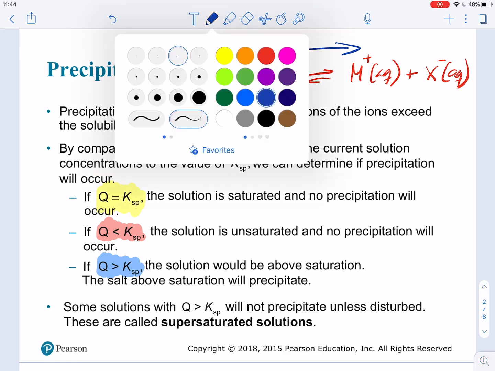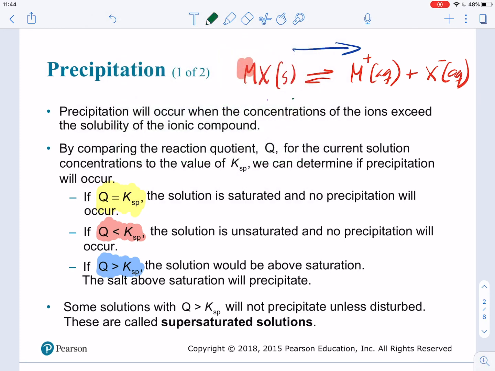Therefore, in this particular case, the equilibrium is shifting to the left, so towards the production of more solid. So this is truly what happens when you produce a precipitate. Okay, so only when Q is larger than KSP, you will observe a precipitate.